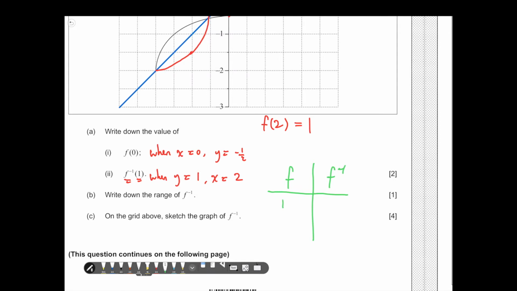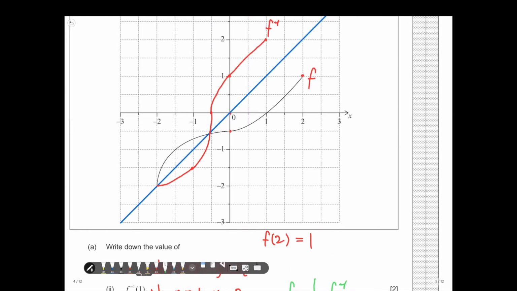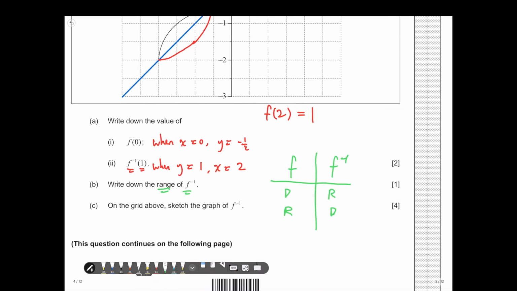So when we want to find the domain of the function, correspondingly we can find the range of the inverse, and vice versa. For this one, it's asking for the domain of the function. From this graph, we can find that the domain is from -2 to +2.